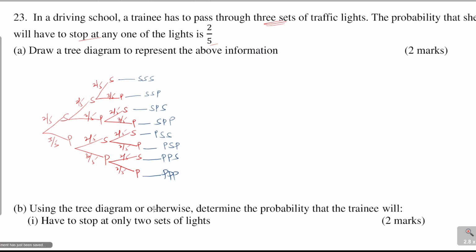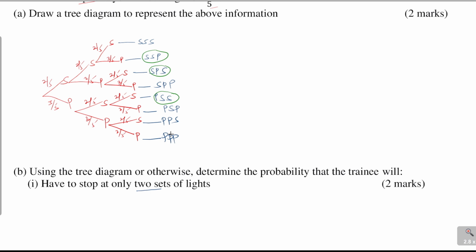So having to stop at only 2 sets, we shall pick those instances where we have 2 S's, two stops. You can see there are two stops there, two stops there, two stops there, and I don't think we have any other where we have two stops. So those are the three that you're supposed to use.